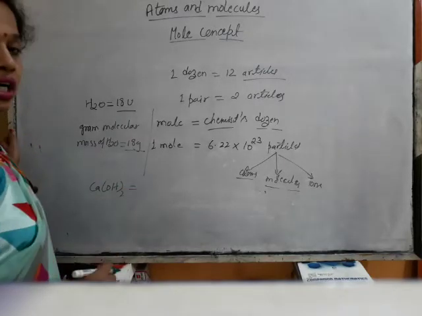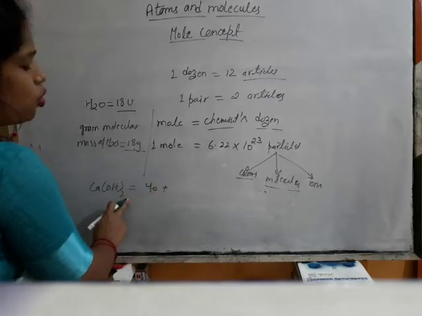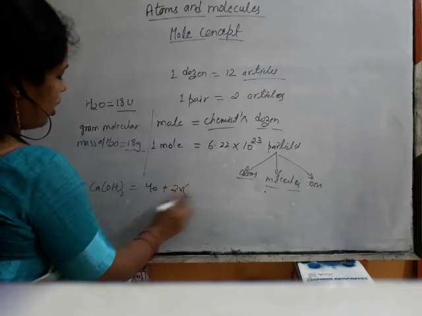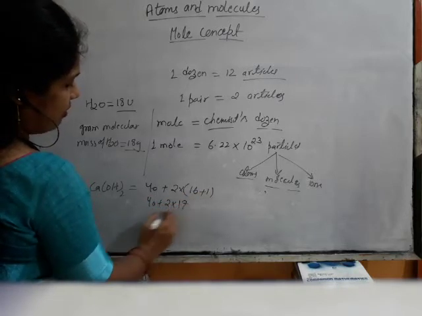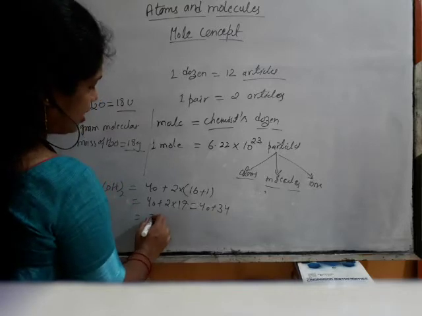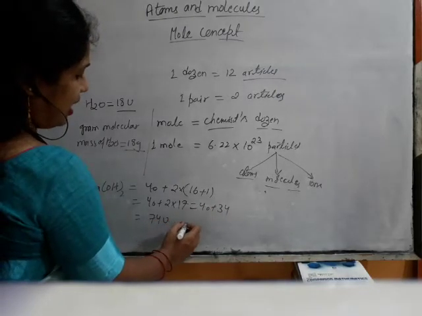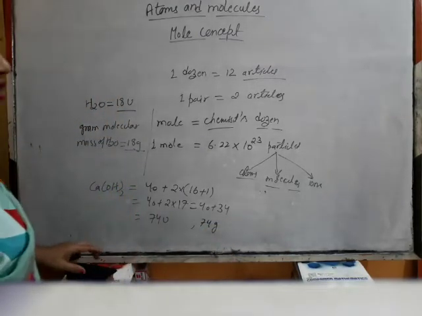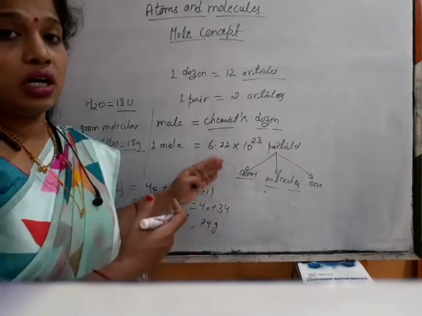Now if we try to write the formula unit mass of it: the atomic mass of calcium is 40, plus 2 hydroxide ions, so twice the mass of OH. Oxygen is 16 and hydrogen is 1, so 2 into 17, which is 34. 40 plus 34 gives us 74 U. And if we want to write the gram formula unit mass, then it will be 74 grams.